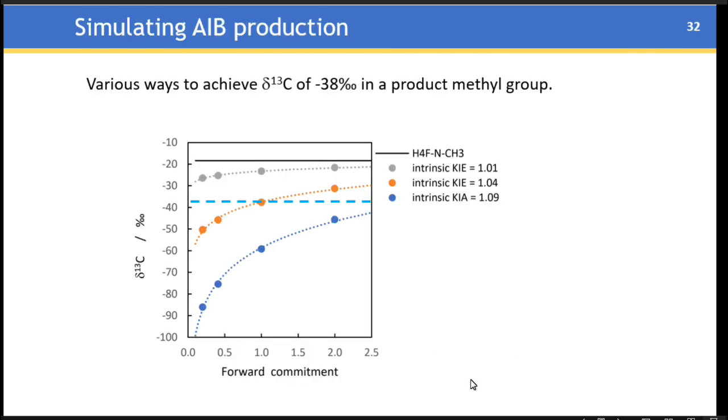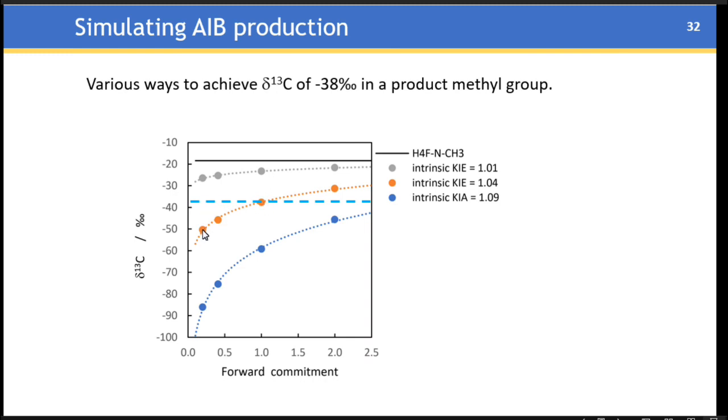So how would we achieve a delta C13 of minus 38 for the product methyl group? There are different ways this could happen. For instance, say the intrinsic isotope effect was 4%, 1.04. If the forward commitment was 1, then that would give it to you.